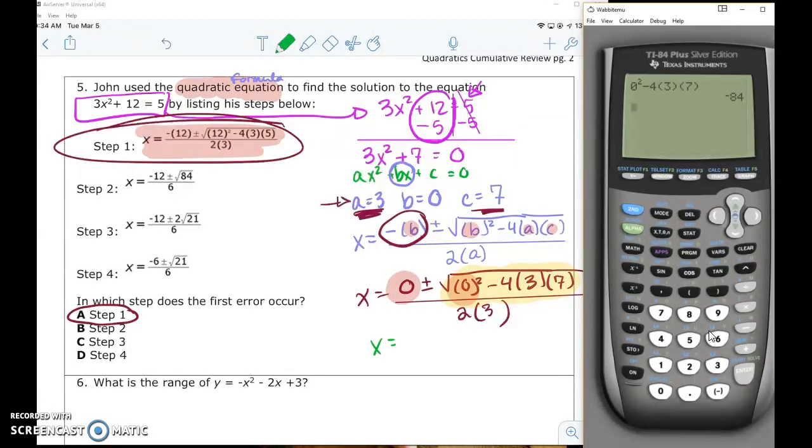So to get x equals 0, positive or negative, the square root of negative 84, divided by 2 times 3 is 6. Okay, so if you had one like this on your test, you could keep working it out to continue trying to find where the mistake is.